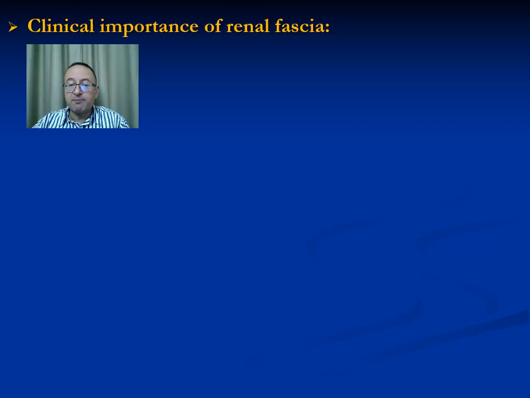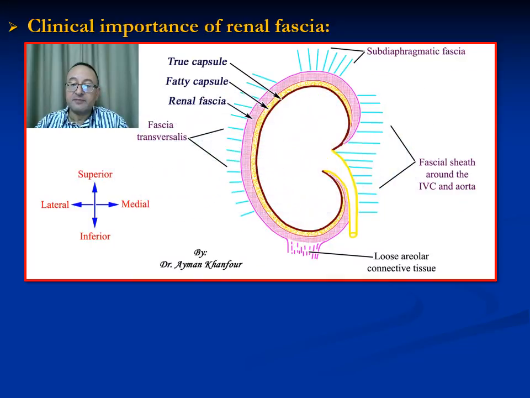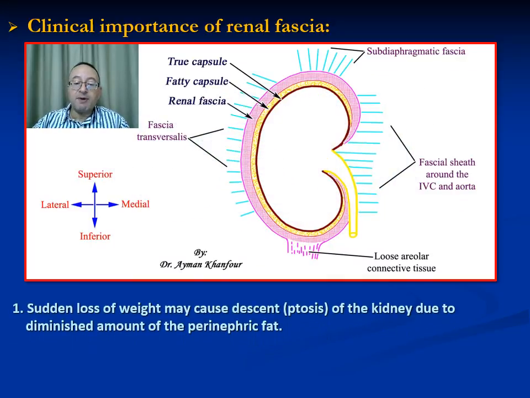What is the clinical importance of renal fascia? Number 1, I mean here all the capsules, not fascia only. If there is sudden loss of weight, what occurs to the kidney? Ptosis. It descends downwards suddenly due to sudden decrease in weight and the sudden loss of the fat which supports the kidney in its place.